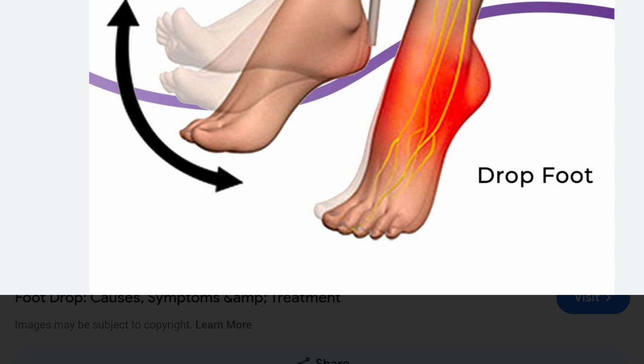Number 1, neurological: injury or neuropathy of common peroneal or sciatic nerve, disc prolapse at L4-L5 level, common peroneal nerve compression at the fibular head, leprosy, multiple sclerosis, Charcot-Marie-Tooth disease. Muscular: injury to dorsiflexors of foot and toes, tibialis anterior tendon injury, muscular dystrophy and polio. Anatomic: compartment syndrome, habitual cross-legged sitting, Charcot joint.